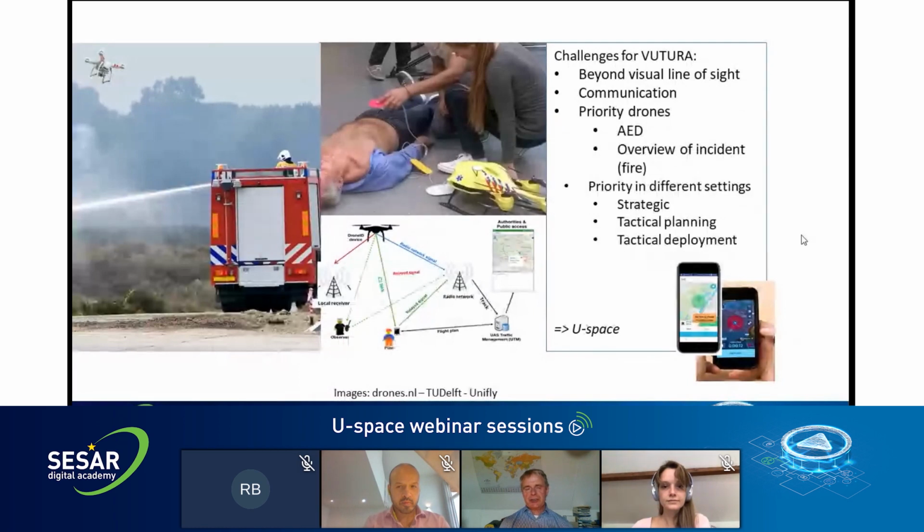We demonstrated that because there was a journalist drone that also saw the fire and wanted to make pictures. Well, the firefighters have a priority in that case, and they were capable of clearing the path through automatic conflict detection with the journalist drone by sending the no-fly zone.